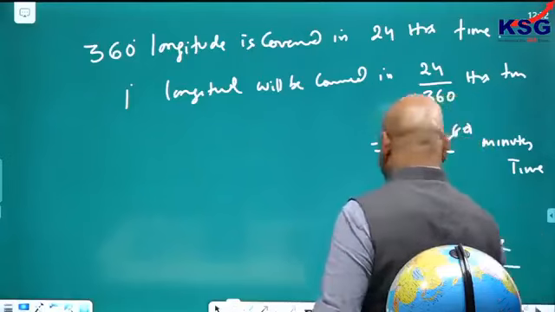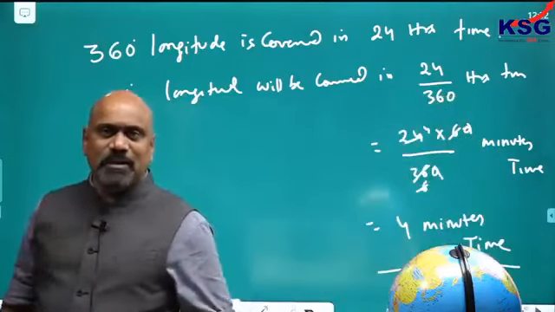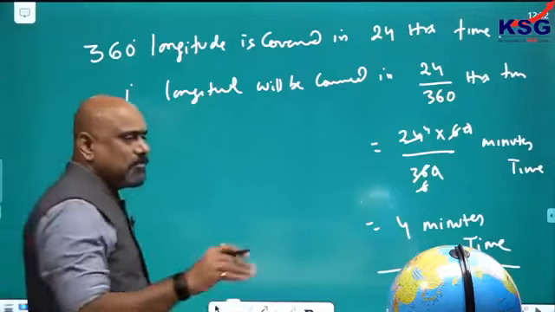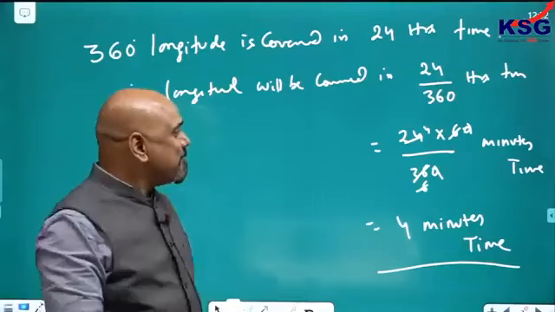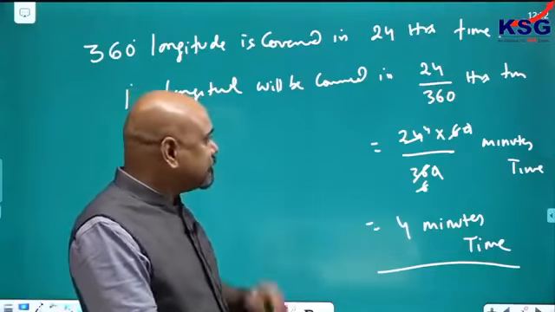I have done it like this because those who are not from mathematics or haven't studied it properly may have some problem. So, for that reason I have given it in detail. Dekho, 4 minutes time.